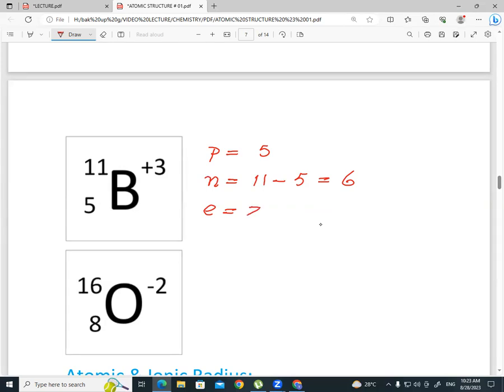So atomic number minus charge, and the charge here I am writing for convenience as Q. So the atomic number is 5 minus the charge, which here is +3.